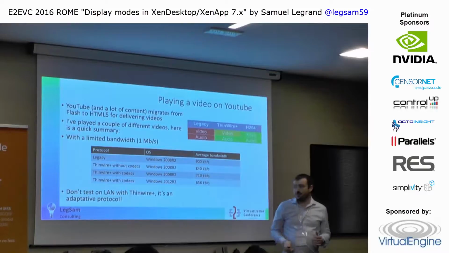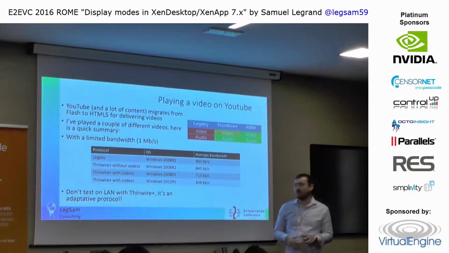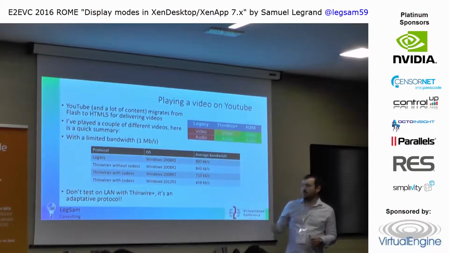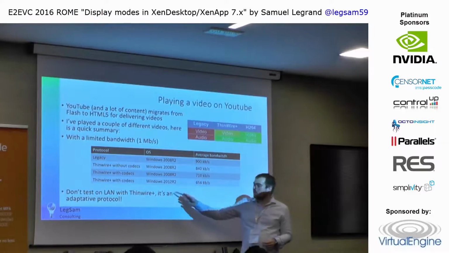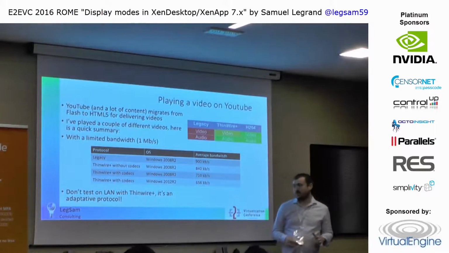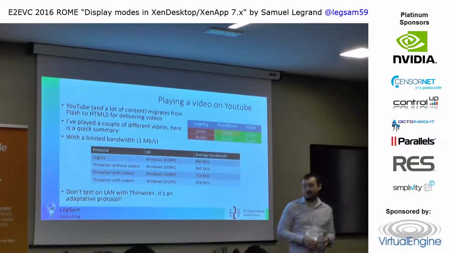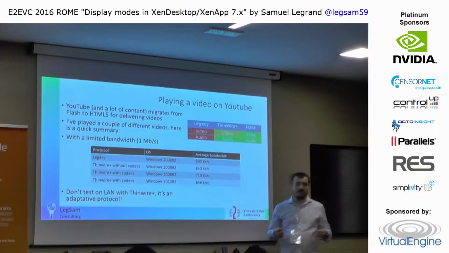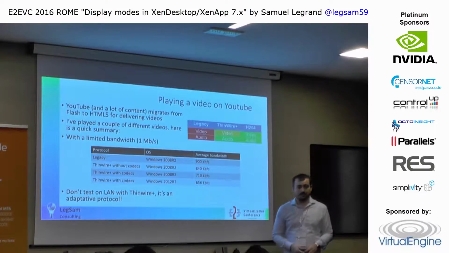So if you need to have a lot of videos playing on the XenApp environment, Windows 2012 R2 is the solution. And just a remark, don't test on LAN with ThinWire Plus because it's an adaptive protocol. If you give it 2 megs, it will take everything.